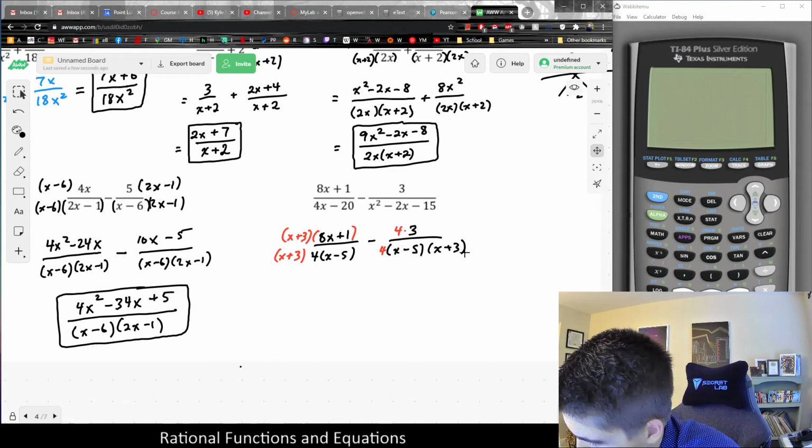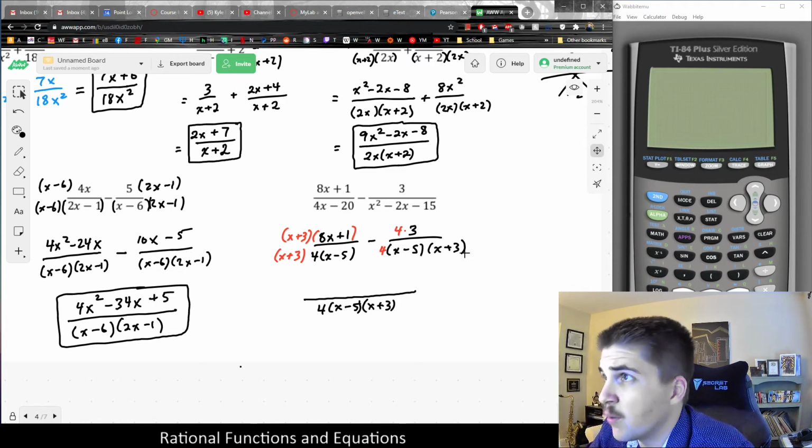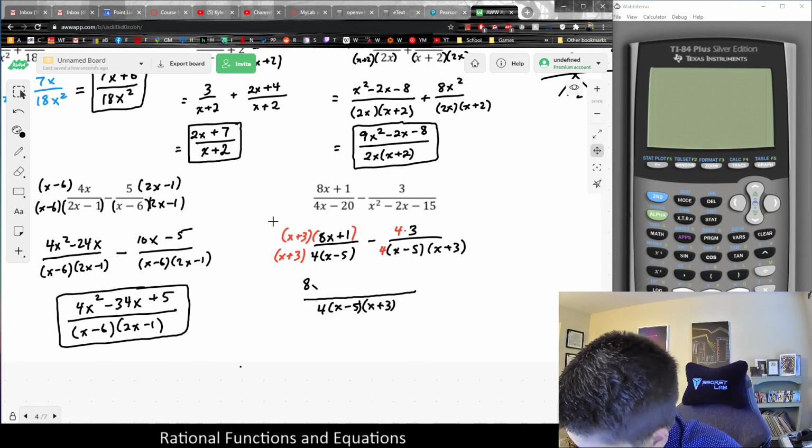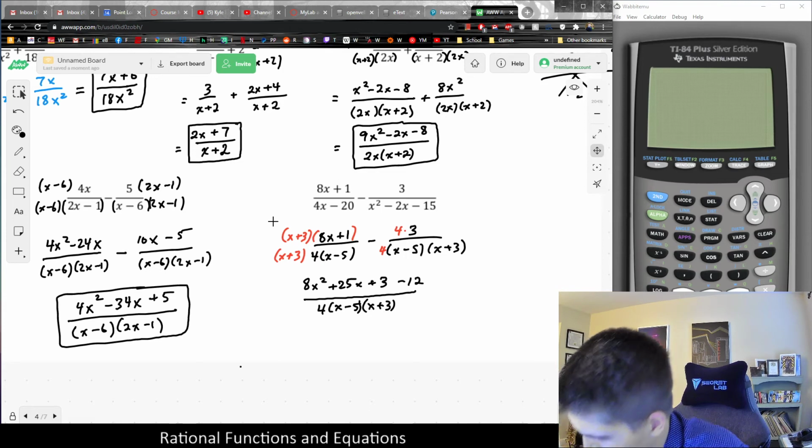So basically I could rewrite this as all of this over the common denominator. And then I would have this times this minus this. So foiling all of this out, I'm going to get 8x squared plus x plus 24x plus 3, which is 8x squared plus 25x plus 3. And then minus 12 from the second one.